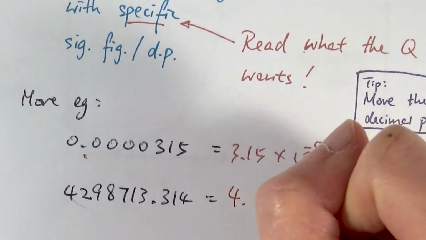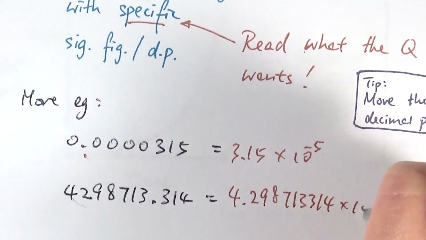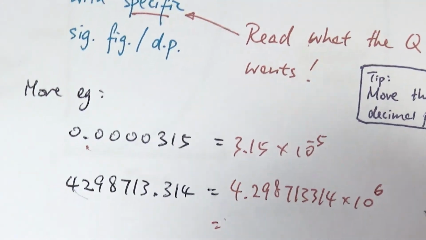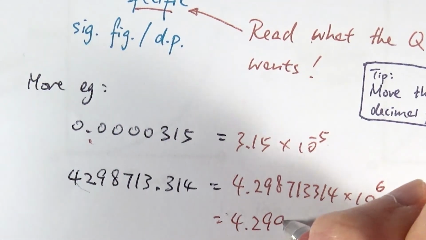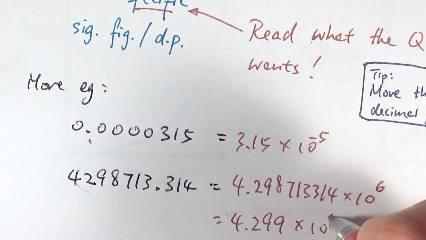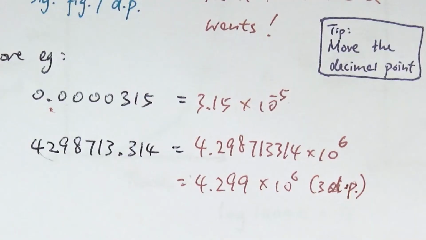So it's 4.298713314 times 10 to the 6. However, let's say I want to present it in 3 decimal places, then I just do 4.299, because I'm rounding it up that way, times 10 to the 6. So this is 3 decimal places. That would be how we do these particular things.